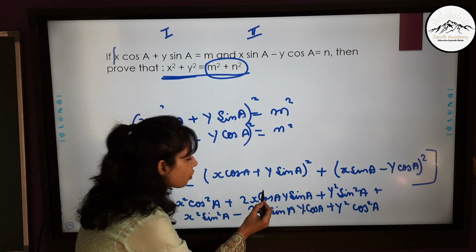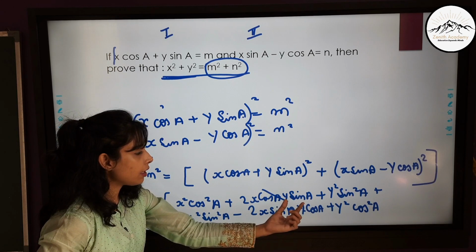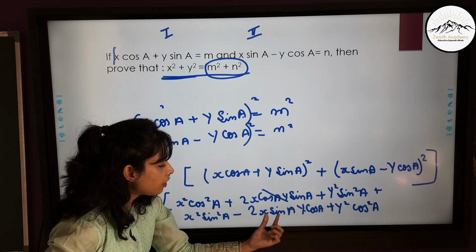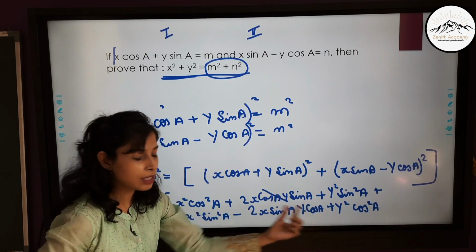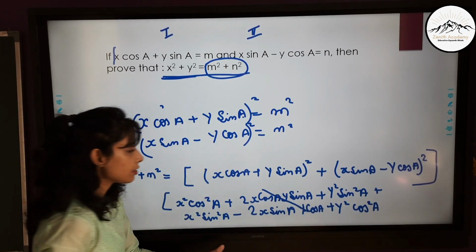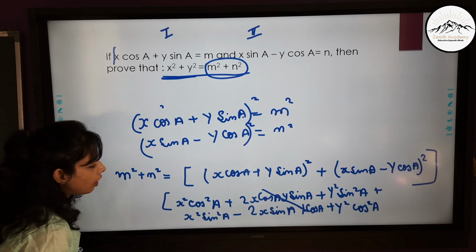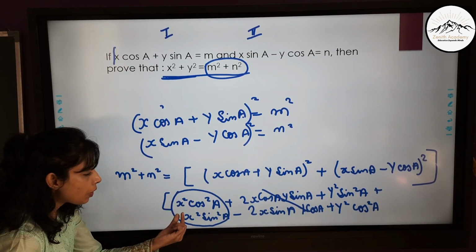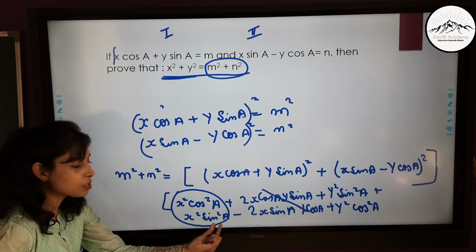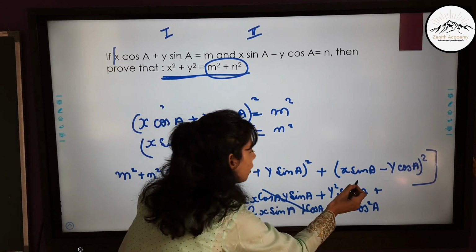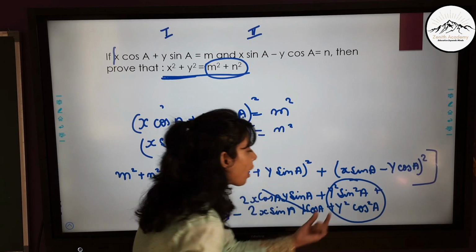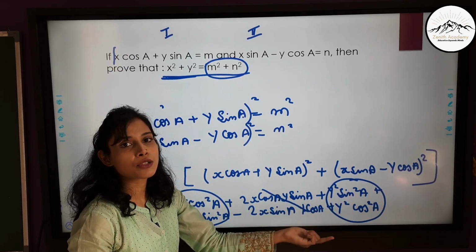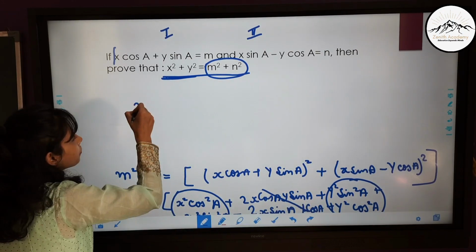So plus 2x cos A y sin A is cancelled by minus 2x sin A y cos A. Now if we take x square common, what will remain? Sin square A plus cos square A. And if we take y square common, what will remain? Sin square A plus cos square A, which is equal to 1.